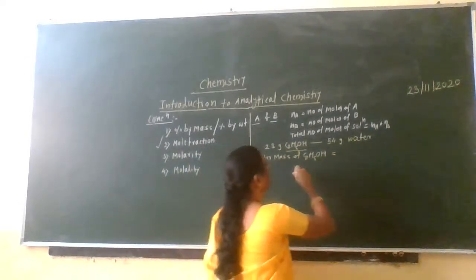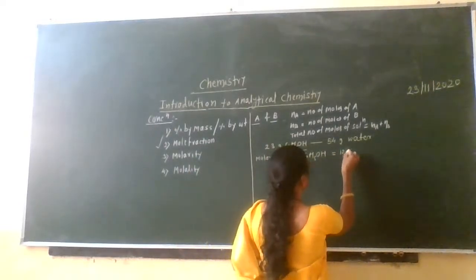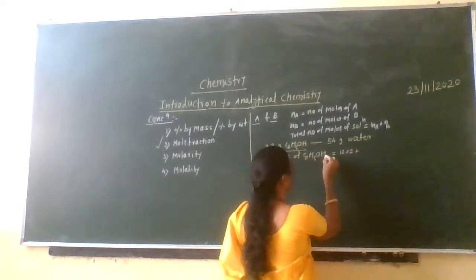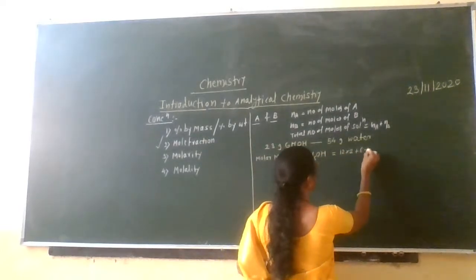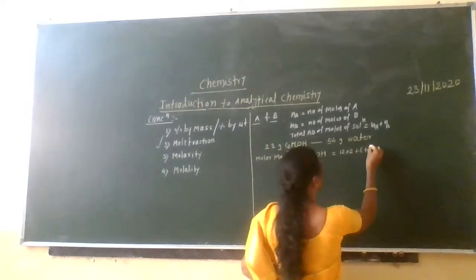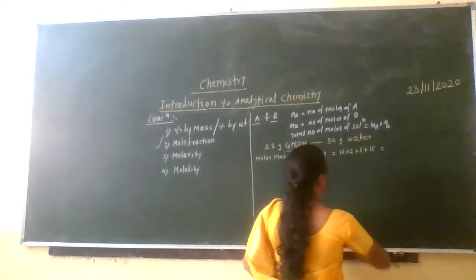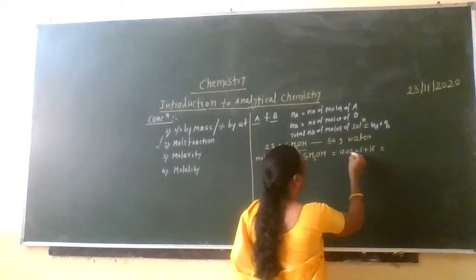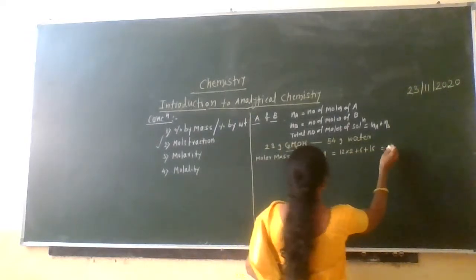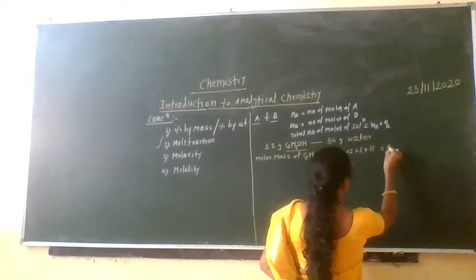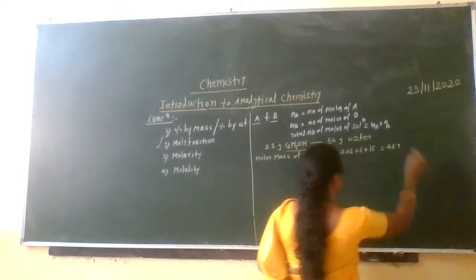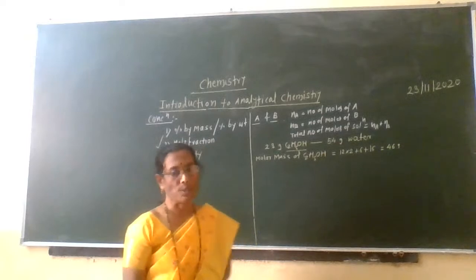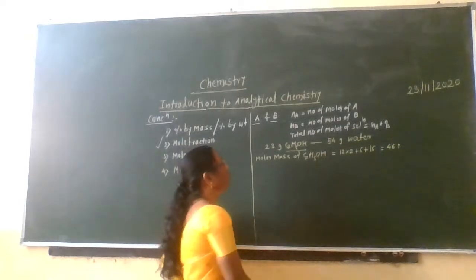There are two carbons, therefore 12 multiplied by 2, plus 5 hydrogen, plus 5, and only one oxygen, 16. That gives 24 plus 6, which is 46. 46 is the molar mass of the ethyl alcohol.